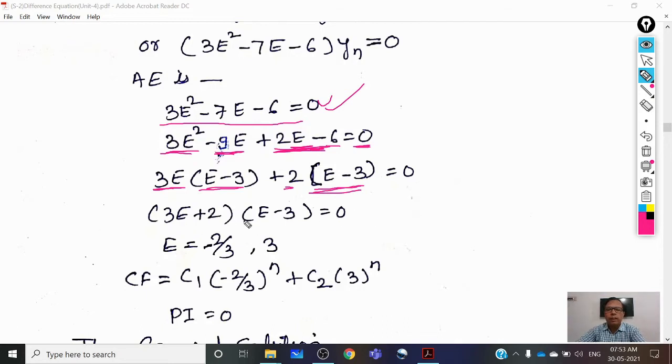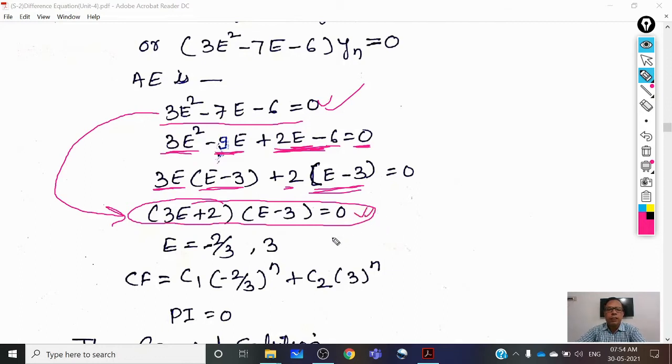Finally, we get (3E plus 2) into (E minus 3). So the factors of this auxiliary equation are 3E plus 2 and E minus 3. This gives E equal to minus 2 by 3 and 3. Again we get roots that are real and unequal.